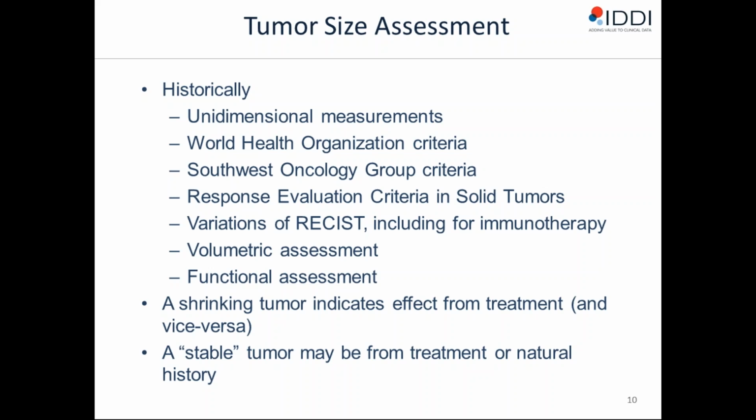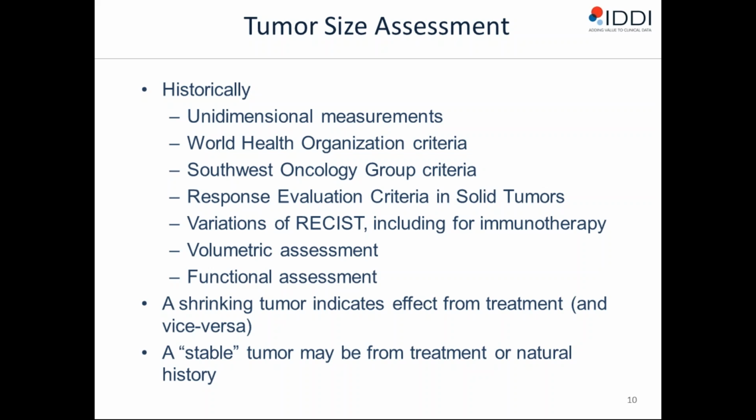A growing tumor almost always indicates lack of effect from treatment. There may be now some exceptions when it comes to immunotherapy, at least for some time, when we look at so-called pseudo-progressions. But I would say these are exceptions to the rule.